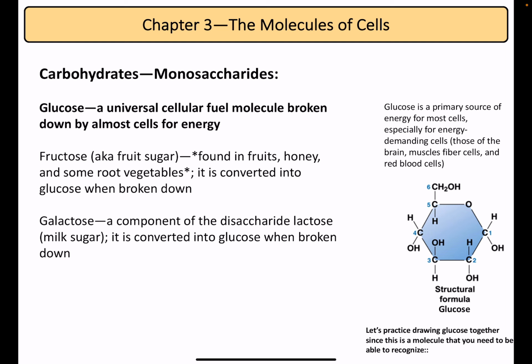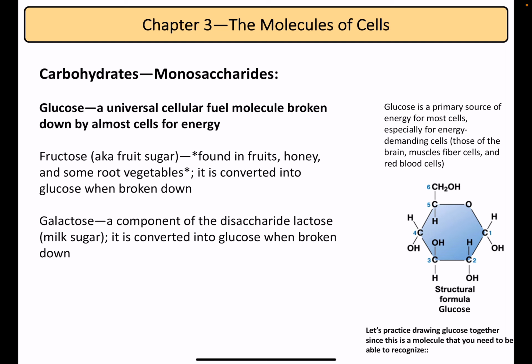So the most important monosaccharide is glucose. I call it the universal cellular fuel because pretty much every living thing, every cell, prefers glucose as an energy source. So it's commonly broken down to provide energy.